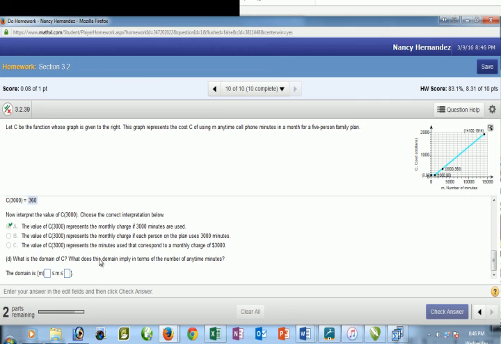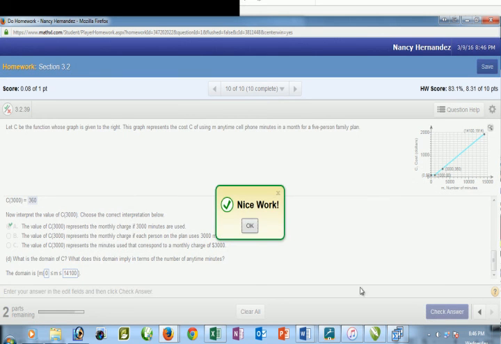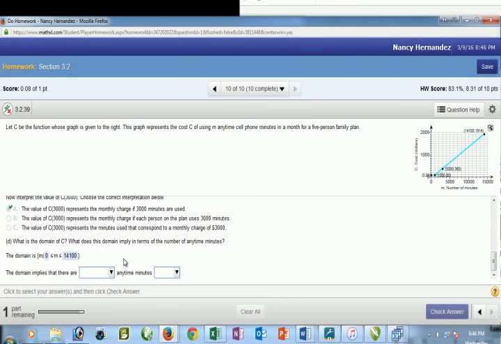The domain. My minutes is what? 0. And how many minutes did we use for this plan? 1410, right? Cool. X values, X values. The domain implies at least, at most, any minutes.